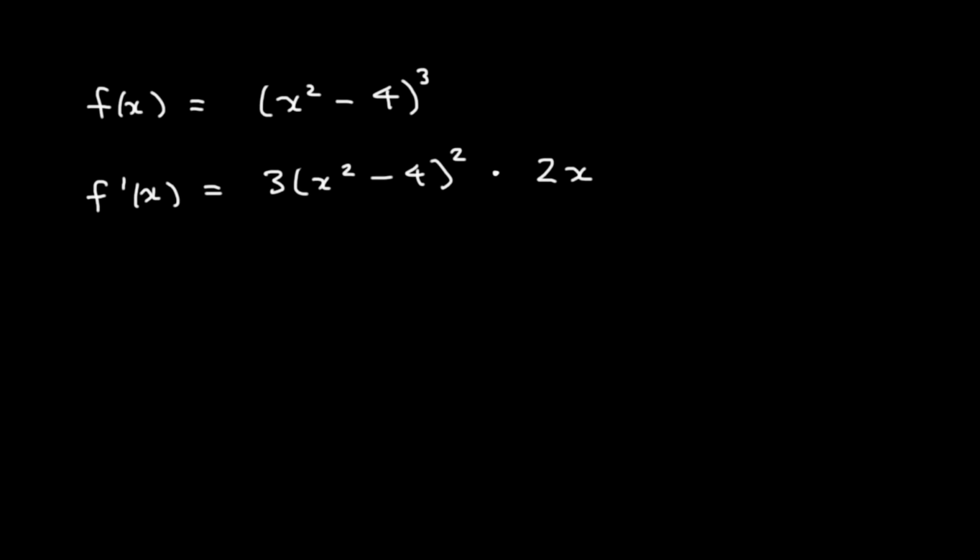So maybe to help you see the shortcut here a little bit, this power of 3 actually is dealt with in our derivative. And if you recognize, there seems to be a 3 out in front, and our power now on that x squared minus 4 function trapped inside seems to have gone down to 2. So that should seem like the power rule to you, hopefully, where the power comes down in front, and we subtract 1 from our power.